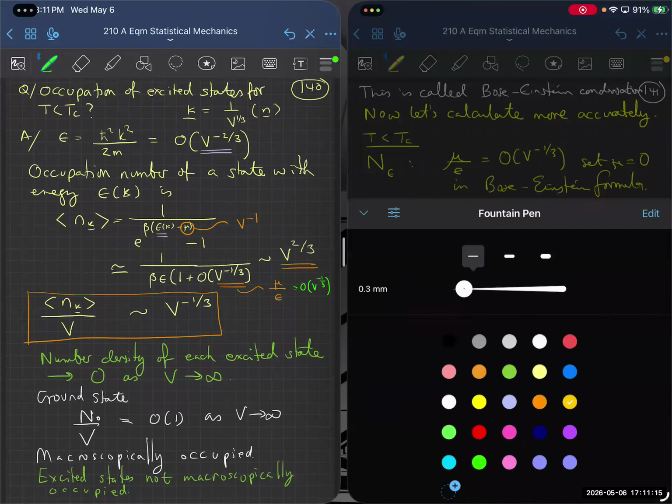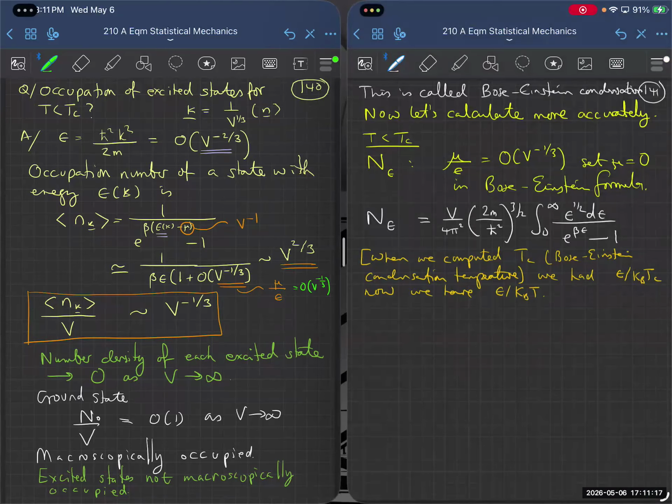So then we know that N_epsilon is equal to 2.6 times V times m k_B T over 2 pi h bar. There may be a squared missing, I'm not sure, to the 3/2. Maybe something like that. You'll have to check it.